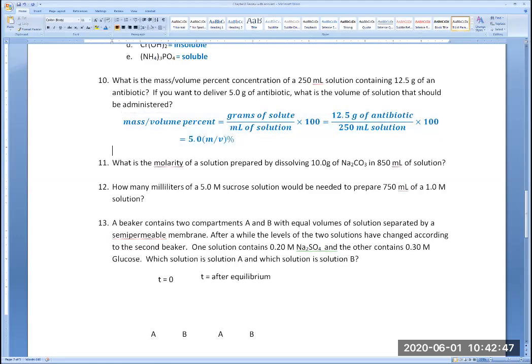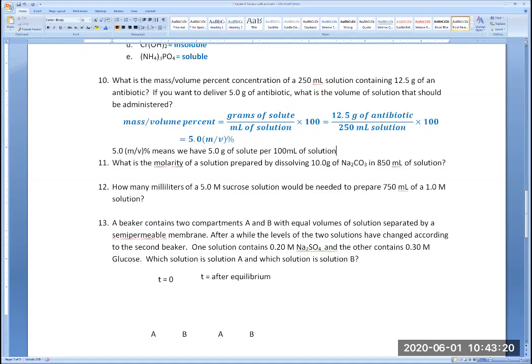So let me rewrite this: 5.0 mass slash volume percent means, because it's mass per volume, grams of solute per 100 because it's a percentage, and per volume, so milliliters per 100 milliliters of solution.